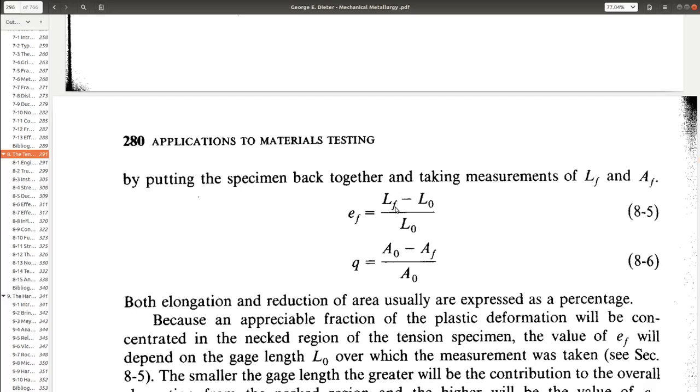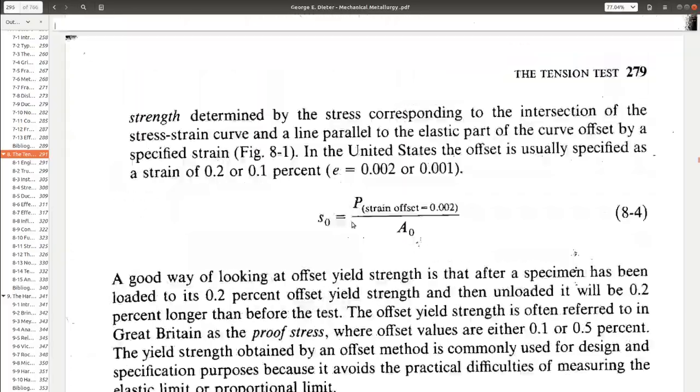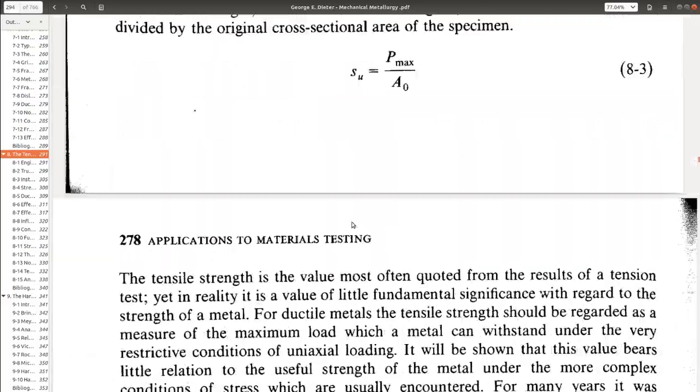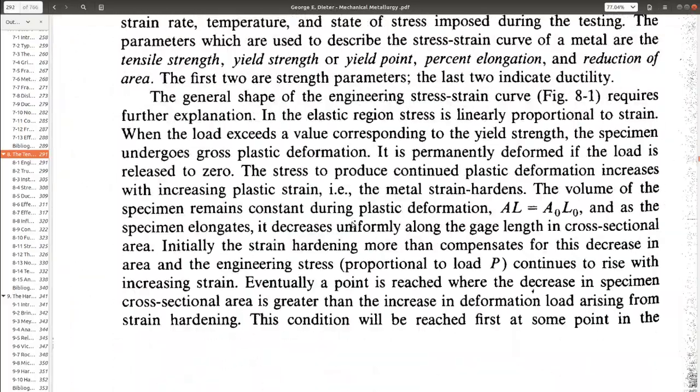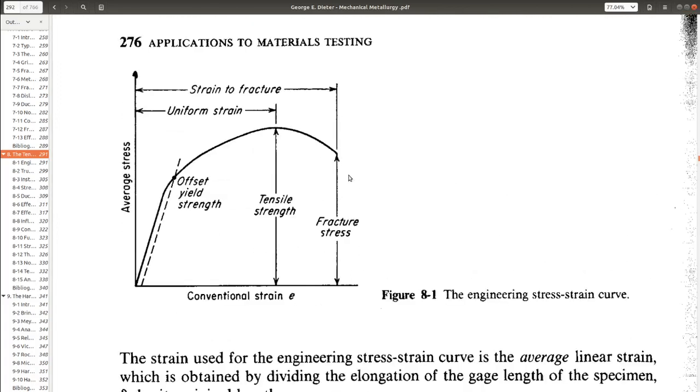So EF is the engineering strain at fracture. In this picture, it is this particular strain.